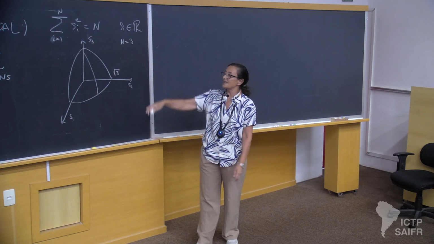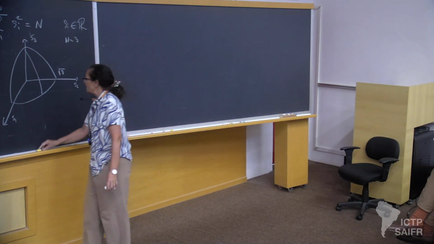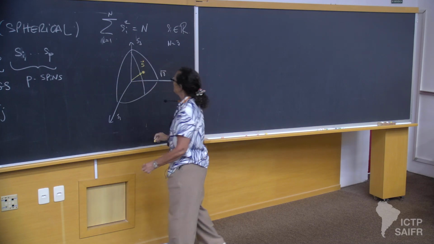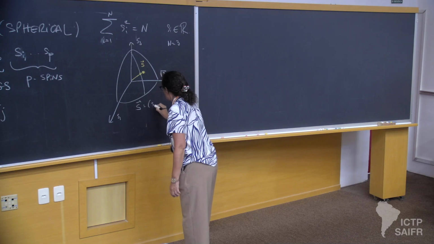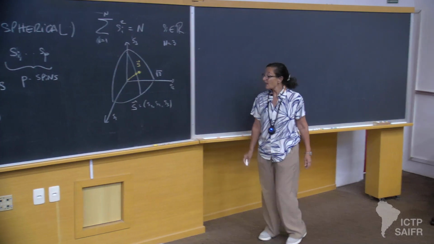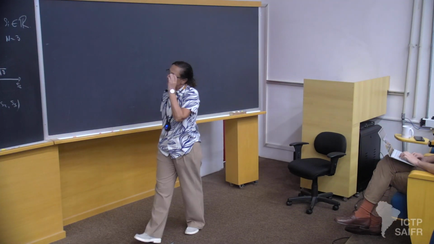Of course, there are the negative values as well, but to make the drawing, I do it this way. You can think that your configuration is some vector S, which has components S1, S2, S3. And it lives on the sphere. Good.